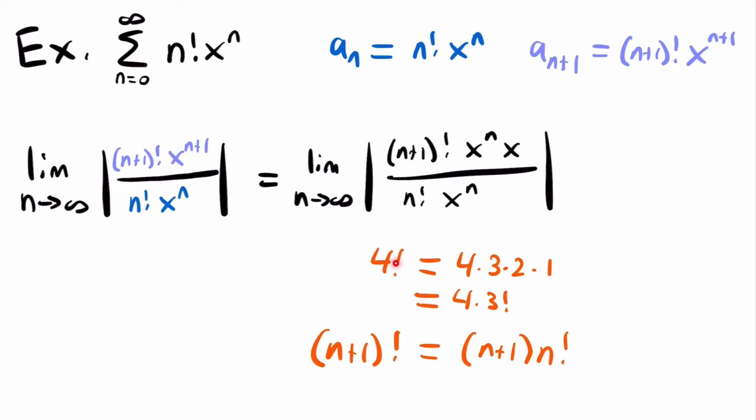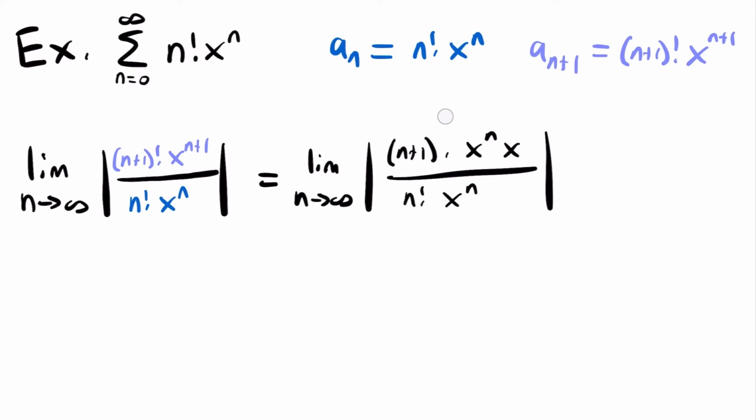So we could rewrite 4 factorial to be 4 times 3 factorial. We have the value of that factorial times 1 less than that value factorial. Okay, so n plus 1 factorial would be equal to n plus 1 times 1 less than that factorial, right? N is 1 less than n plus 1. So what we can do is rewrite this n plus 1 factorial to be n plus 1 times n factorial.